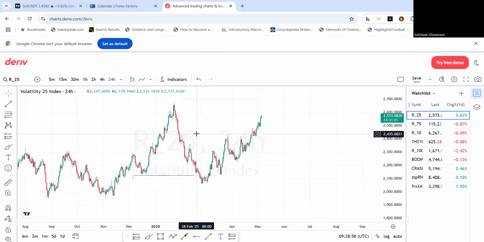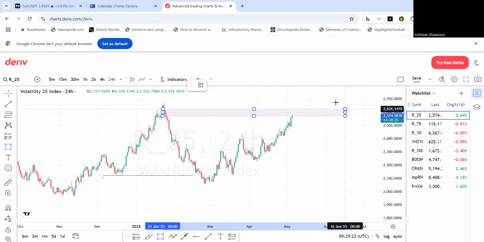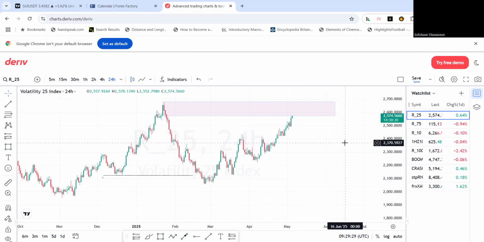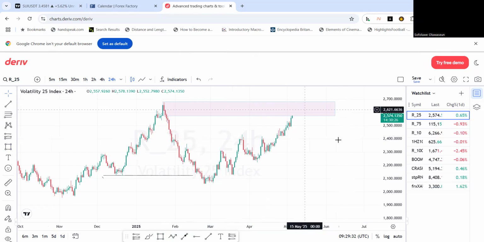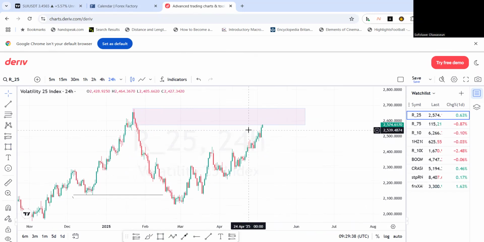I'm expecting a kind of reversal over here. I'm seeing this last bullish candle before all this move downwards, and I'll be targeting that candle. You can see price is getting into the zone already. This is the zone where I'm expecting a redistribution on the lower time frame.